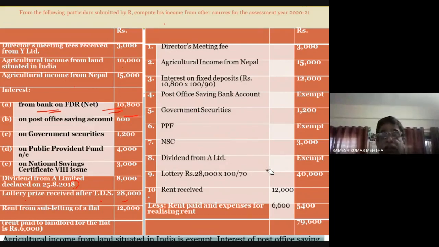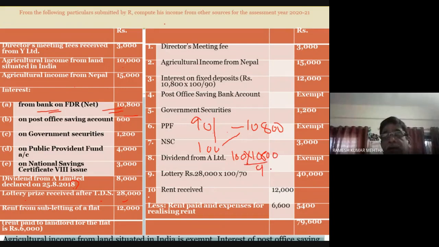Again, I'm showing you for your better understanding. In this case, the tax deducted at source is 10 percent, so 90% is received, and 90% is equal to 10,800. So what is 100%? You just cross multiply 100 into 10,800 by 90.